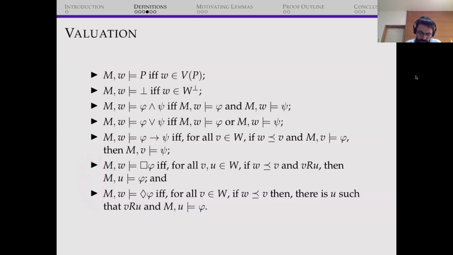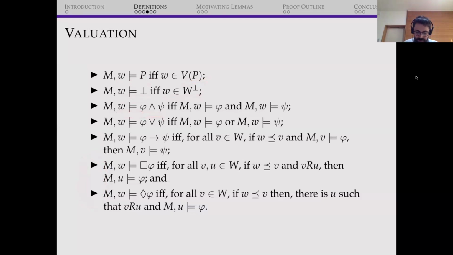Essentially, a world is going to satisfy some proposition if and only if it is in the valuation we get from the model. Some world can't satisfy bottom. It will satisfy bottom whenever it is fallible. So here we have that bottom may be satisfiable.